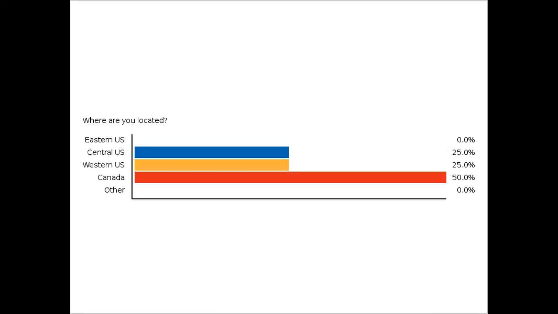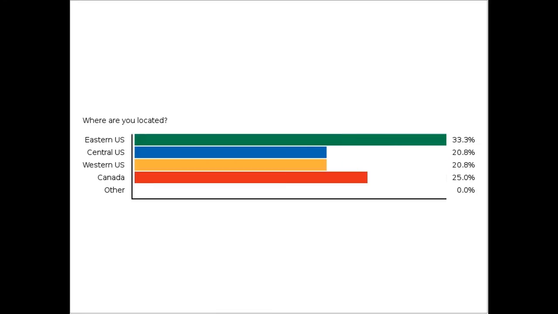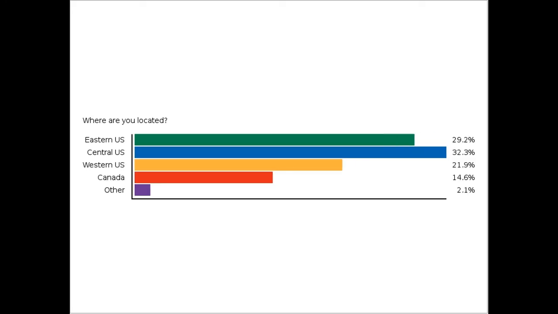Everyone can just choose the region by clicking on the poll, and we'll show the results as they come in. Give it a few seconds here for everyone who wants to vote. The last webinar we had most folks were from the eastern U.S., so looks like Central is, oh, here comes Eastern. Give it a few more seconds for everyone to vote.